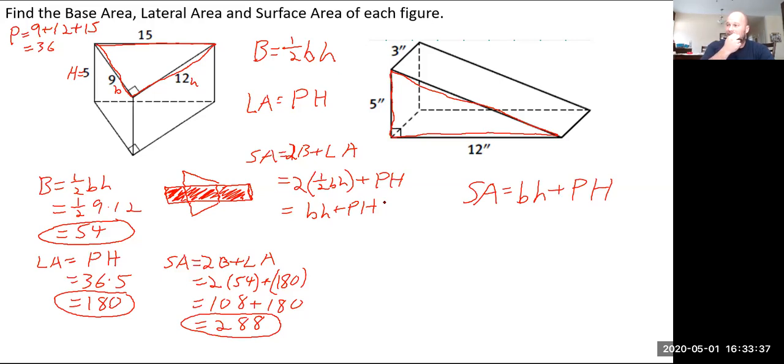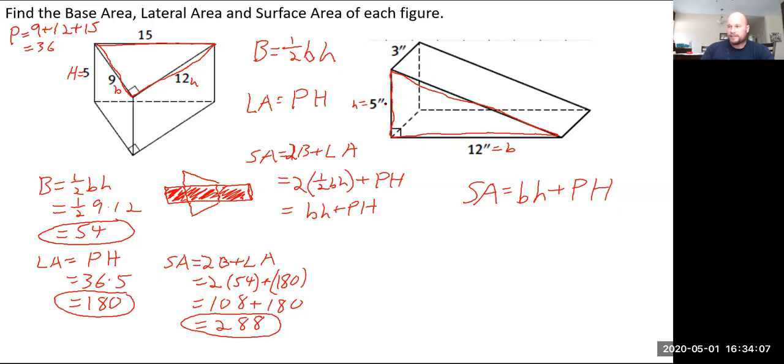Now, I need values to plug into each of those. It's very important you plug in the right pieces to the right spots. So remember, the base is not the bottom. The base is this triangle that I've already highlighted in red. So let's say that this 12 is going to be my base for my base, and the 5 is going to be the height of the base.